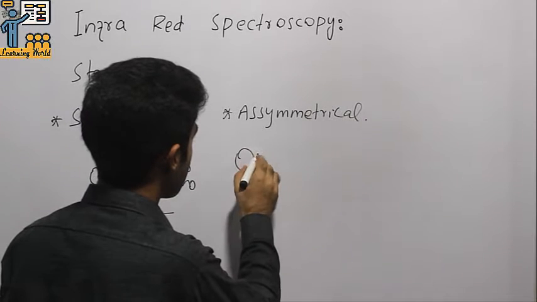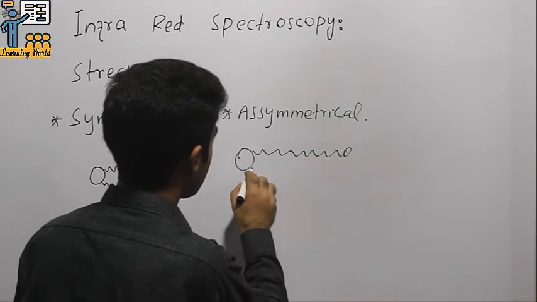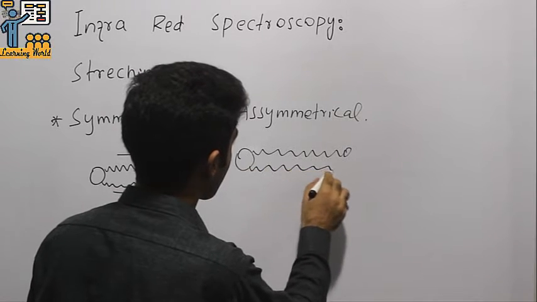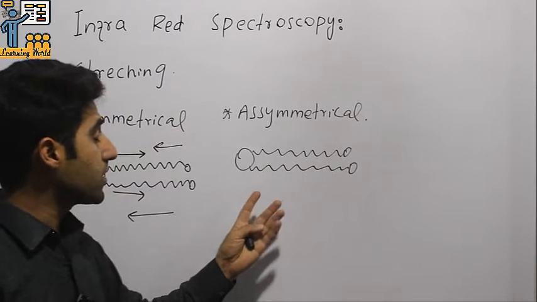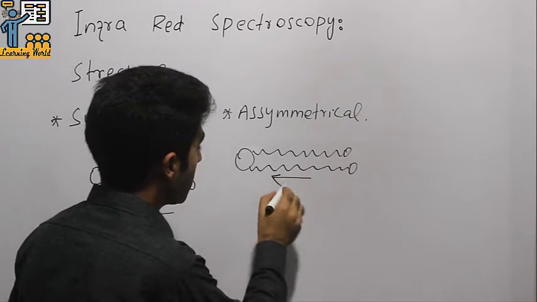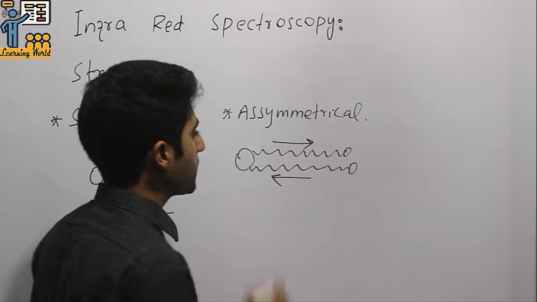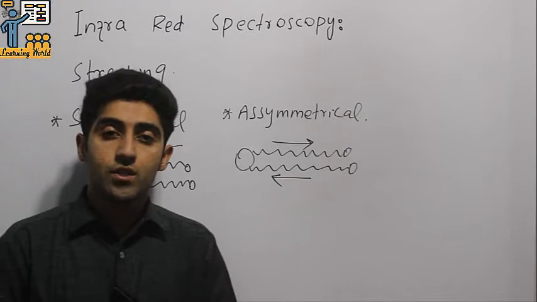For example, this is one atom, this is another. The distance of this interatomic bond will decrease and this will increase. They will not be the same. This is the asymmetrical stretching.